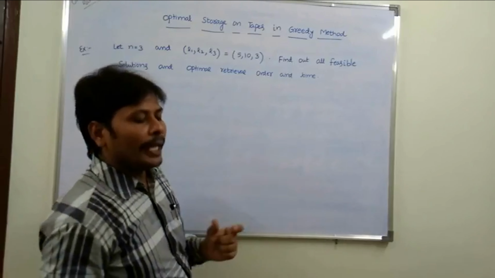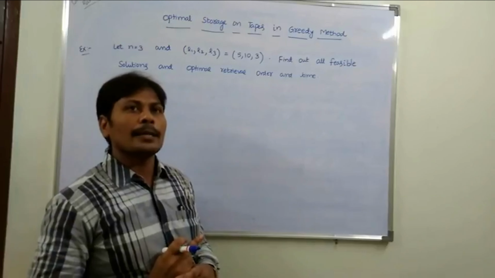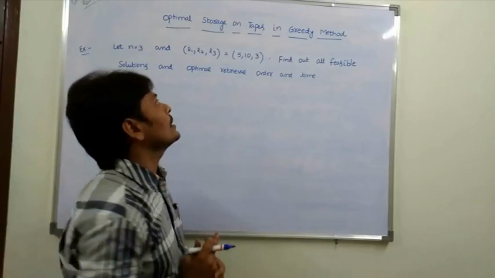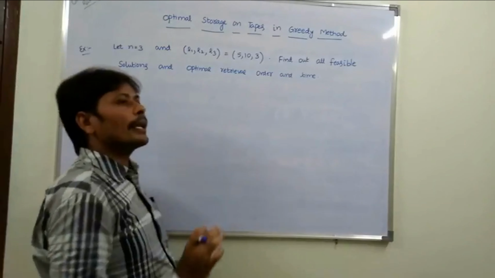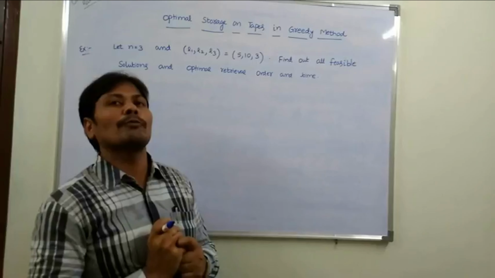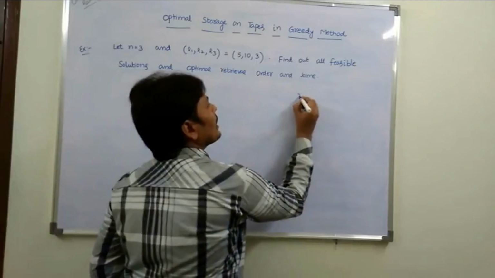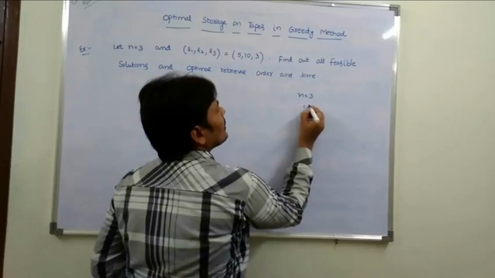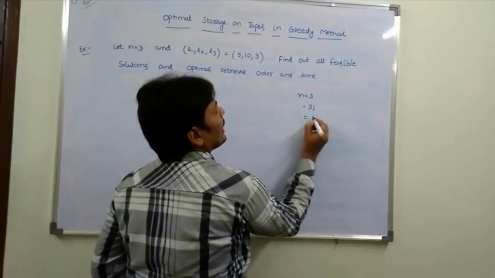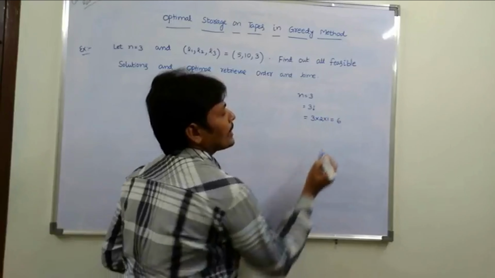So for finding the optimal retrieval time, first we have to arrange these 3 programs in several ways. So how many ways can we arrange these 3 program lengths? So n is equal to 3, so that is 3 factorial, that is 3 into 2 into 1, that is equal to 6 ways.